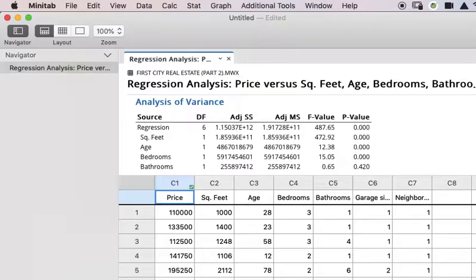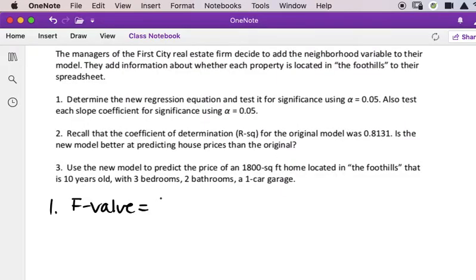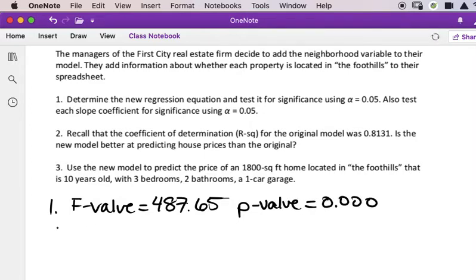My F value is 487.65. P-value of 0.000. So this tells me that I am rejecting the null hypothesis and the model is significant.